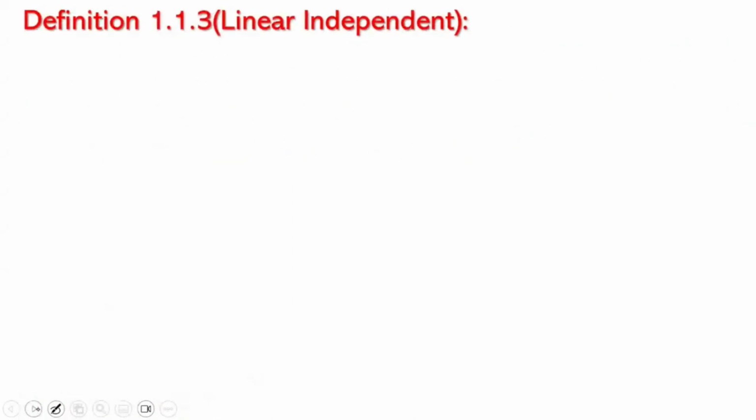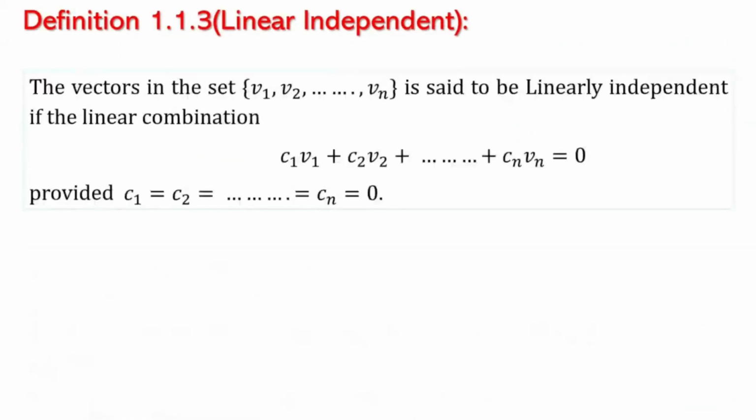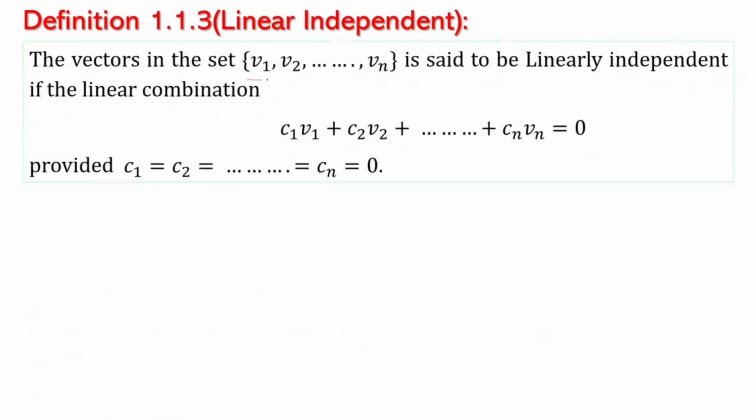Our next definition is linear independence. If you have a set of vectors like the previous one, v1, v2, ..., vn, this set will be linearly independent if the linear combination, as we defined in the last slide, equals 0. Here 0 is the zero vector.